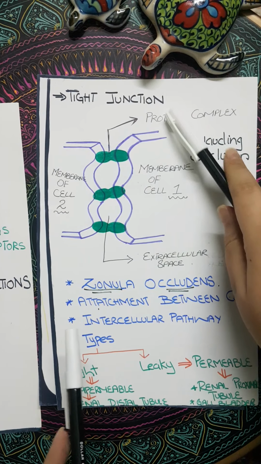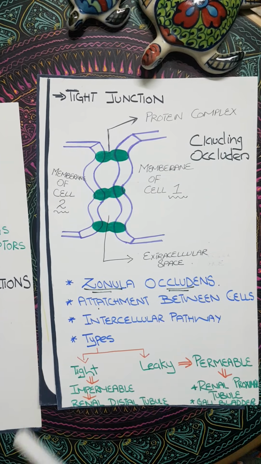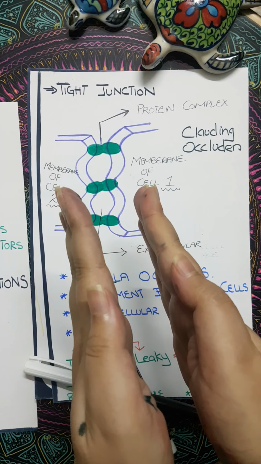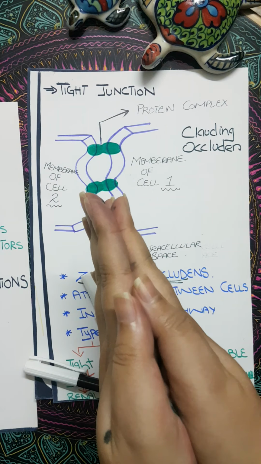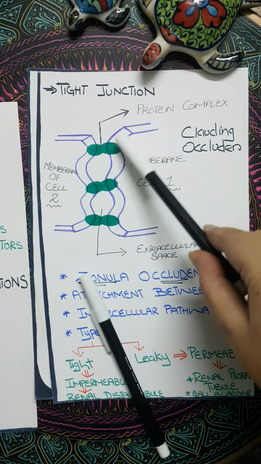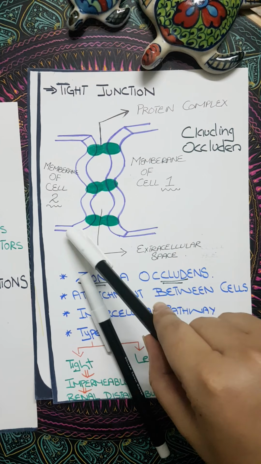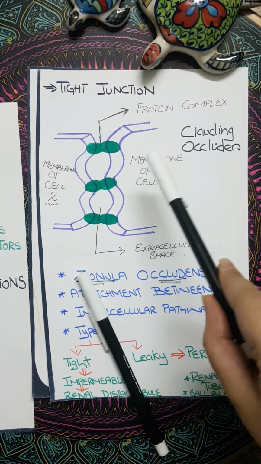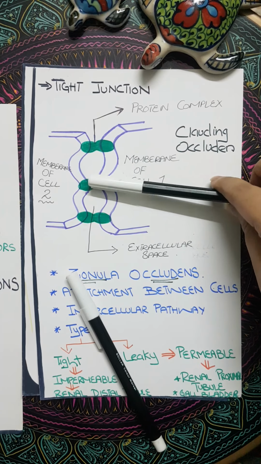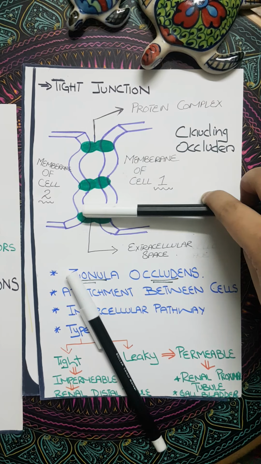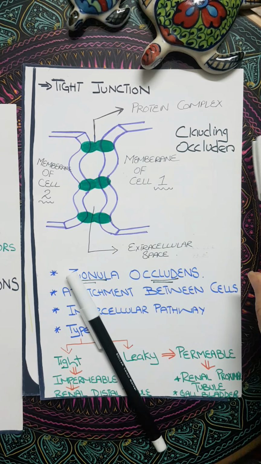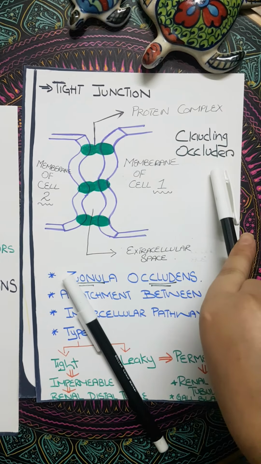In tight junctions, the membranes of two cells, membrane 1 and membrane 2, are tightly pressed against each other, and this junction is formed by two different types of transmembrane proteins, claudin and occludin.